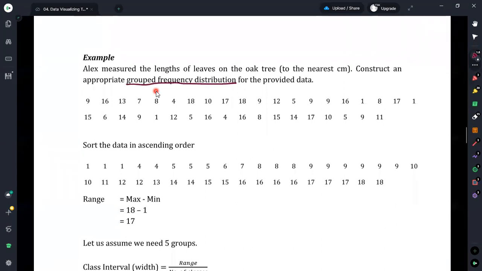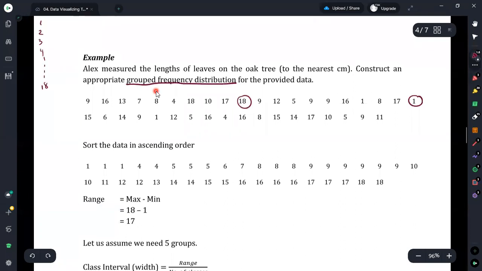But when you observe the minimum and the maximum, you can see the minimum is 1 and the maximum is 80. Therefore, you have to write 1, 2, 3, 4, likewise up to 80. Therefore, altogether 18 rows will be there.